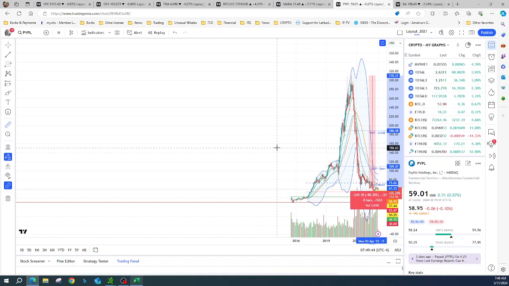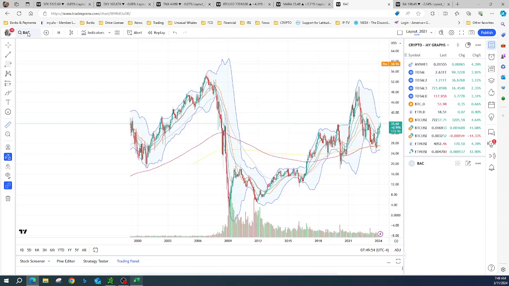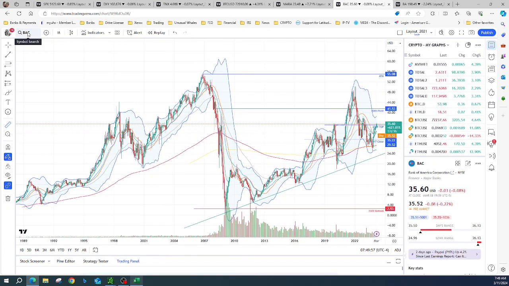So, you guys think that everything's running well? No, right? Exactly, no. So why is BAC, Bank of America, not 80% lower from the all-time high?